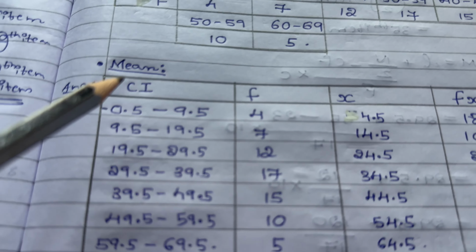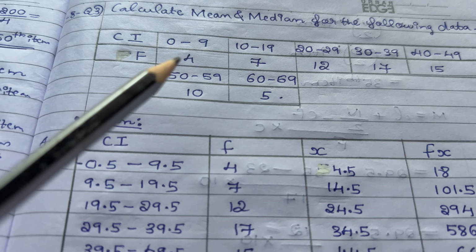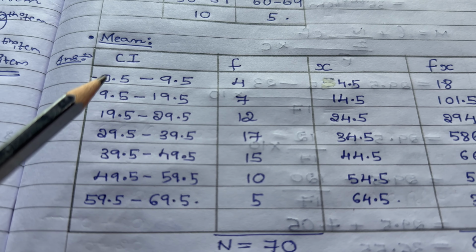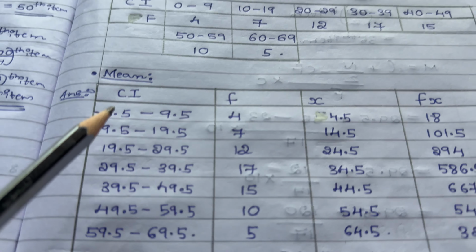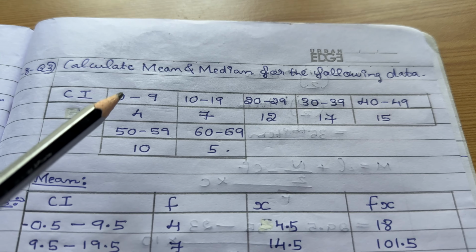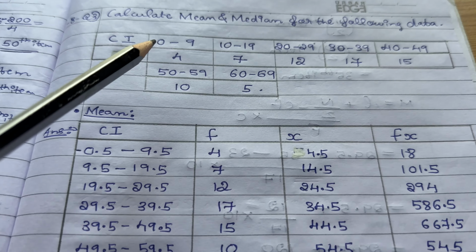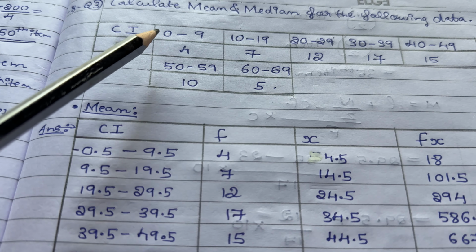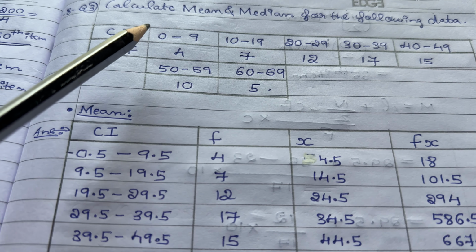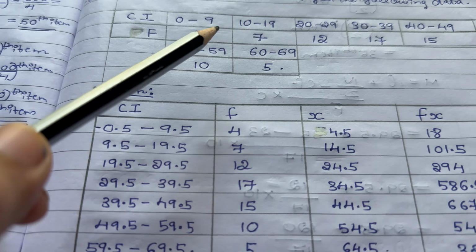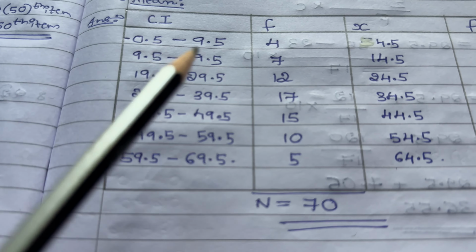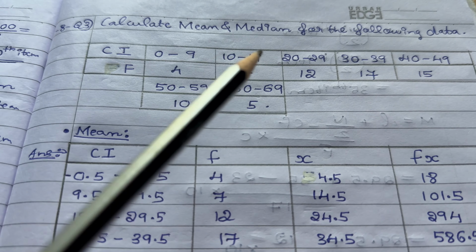So first thing we want to do is convert the class interval from inclusive to exclusive. As I already said, when inclusive series is given and we want to convert to exclusive series, from the lower limit we have to reduce 0.5 and to the upper limit add 0.5 always, okay, so that continuity will be obtained. See, 0 to 9, 10 to 19, it is there.